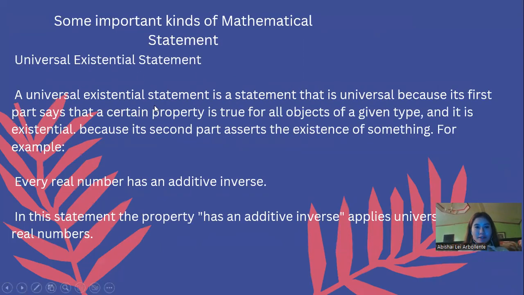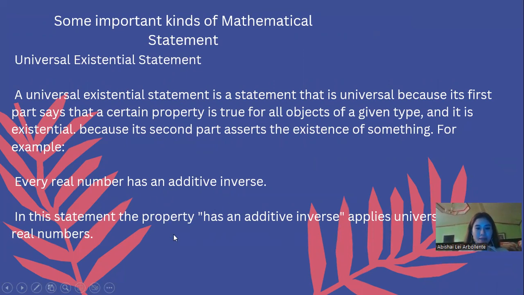Universal existential statement. A universal existential statement is a statement that is universal because its first part says that a certain property is true for all objects of a given type, and it is existential because its second part asserts the existence of something. For example, every real number has an additive inverse.